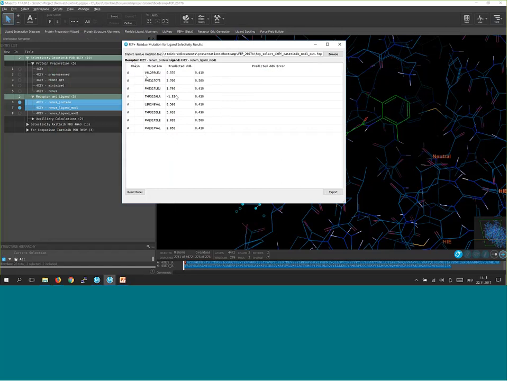So I have conducted about 8 mutations, various residues that are described in the literature. And if I order them by the predicted delta G, you see, for example, that the T315I mutation comes out with a very big positive predicted delta G. So this would predict that a lot of ligand potency gets lost if that threonine becomes an isoleucine.